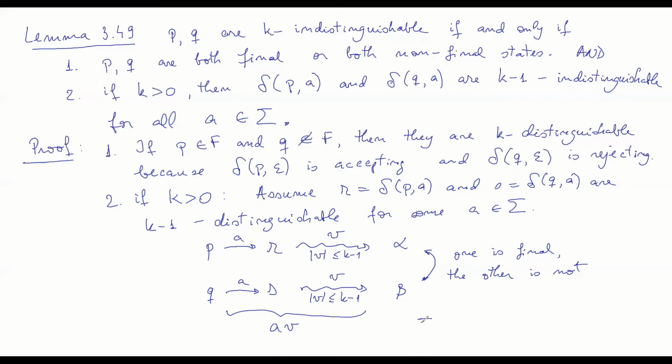So this implies, remember, the length of AV is at most K. So that implies that P, Q are K distinguishable. And that's a contradiction, because we had the hypothesis that they are K indistinguishable. So our assumption was wrong, and that proves the second point.